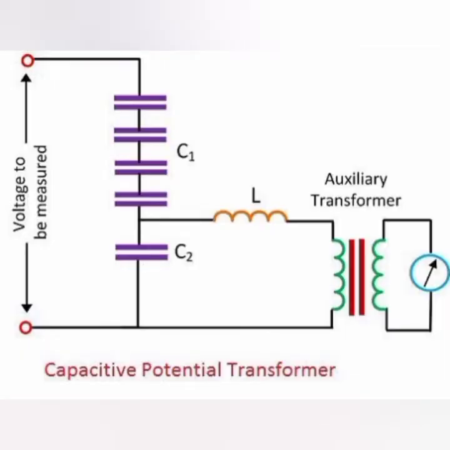Next, coming to the CVT, capacitive voltage transformer. Normally the CVT is preferred when the primary voltage level is higher than 66 kV.